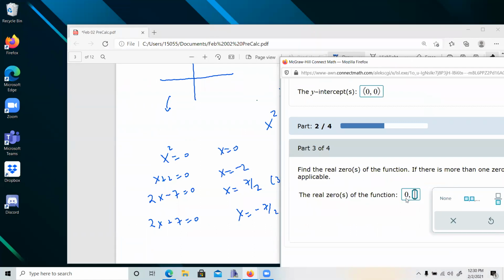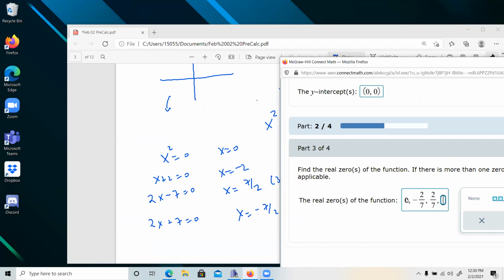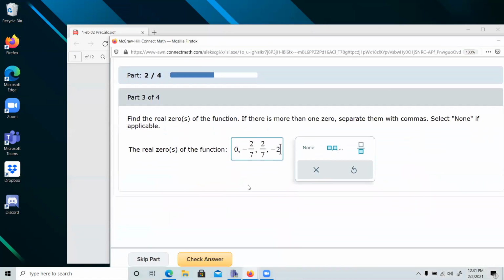So 0. We have negative 2/7. We have a positive 2/7. Let's see here. We have a negative 2. Okay, and those are our choices. Oh, check answer. Okay. Try again.